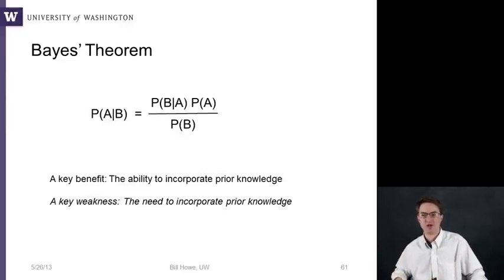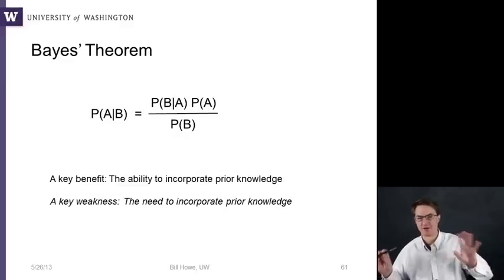Okay, and so here's what it says. The probability of event A happening, given that event B has already happened, is equal to the probability of B happening, given that A has already happened, multiplied by the probability of A happening across the board, divided by the probability of B happening across the board. And if that's not clear, that's okay. We're going to go into more detail here.